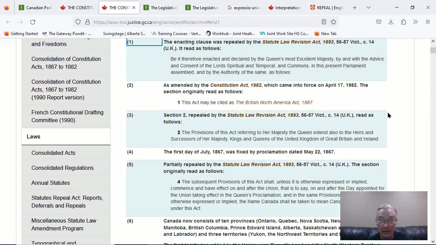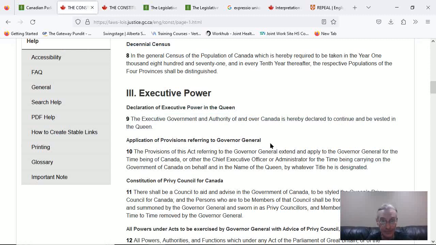Back to our endnotes, the Enacting Clause was repealed by the Statute Law Revision Act 1893. Section 2, extending Queen Victoria's executive government and authority of and over Canada, no longer extended to her heirs and successors.